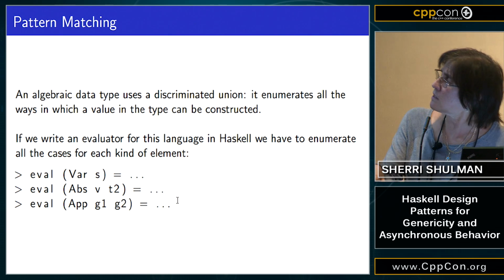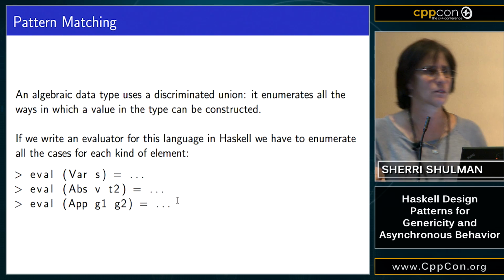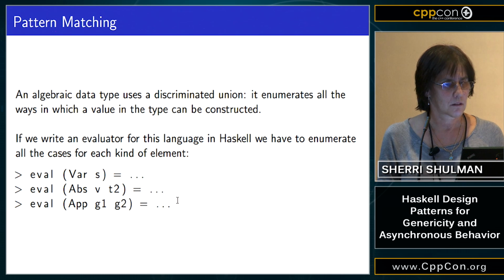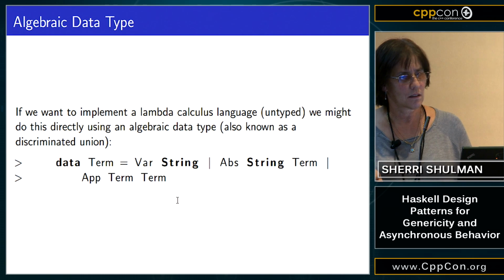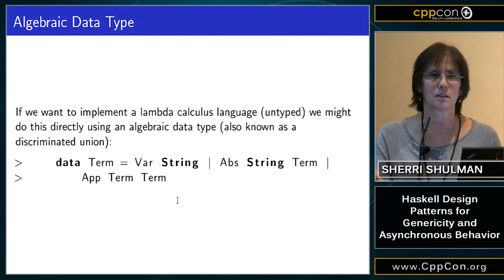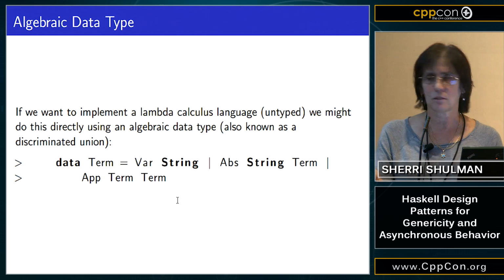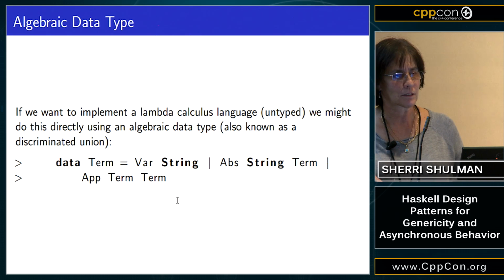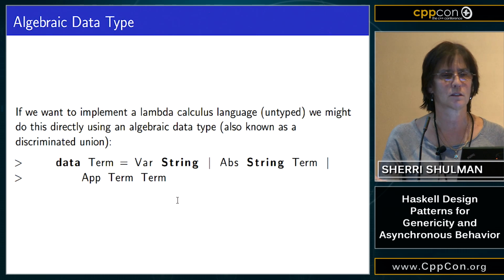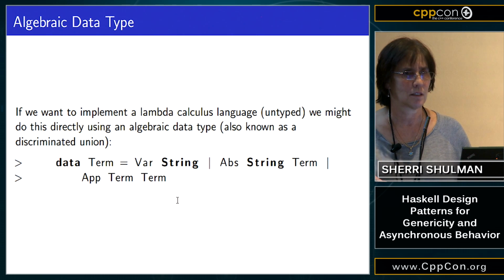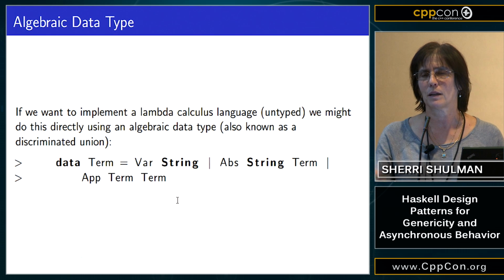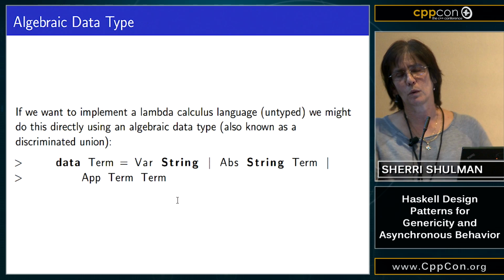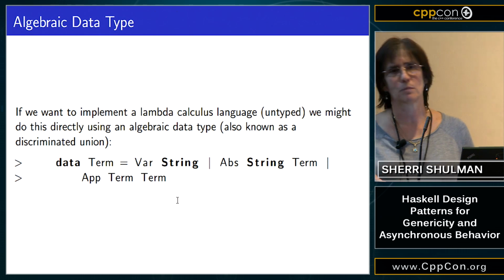One of the things, the reason it's called a discriminated union is because if you think about the way this is presented, I have three kinds of things, and I could think of these as sets. And I'm saying a term is really the union of all these sets. So it's the union of all possible variables, all possible abstractions, and all possible applications. But usually when you do a union, where the original thing came from disappears.